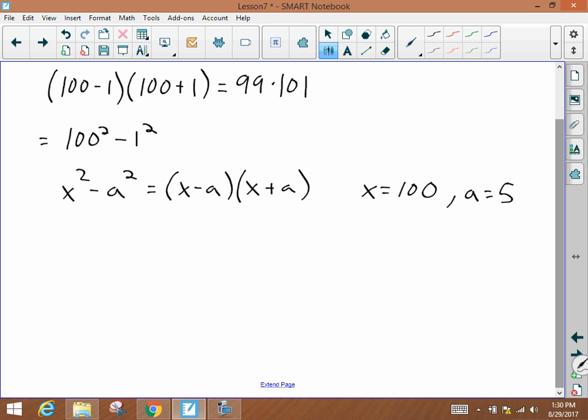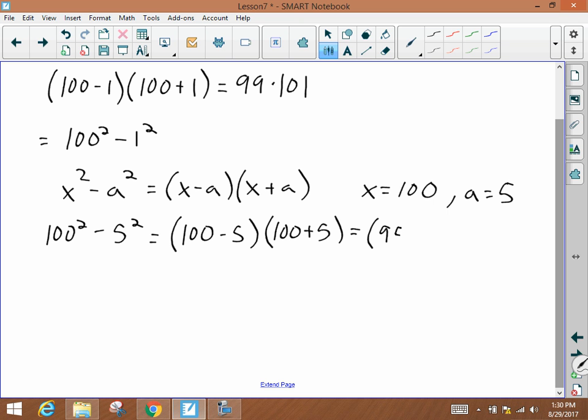Then I can write this, and more importantly, it's a way that I can calculate something that normally would have taken a little more time if I was to do that mentally. What am I calculating? It turns out to be 95 times 105.